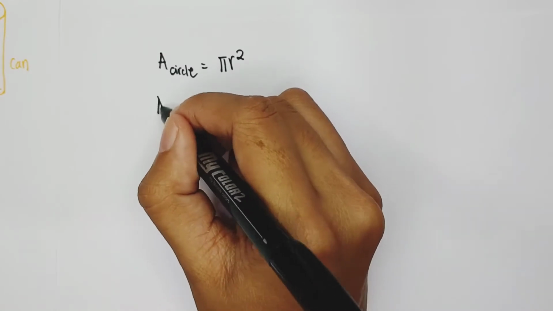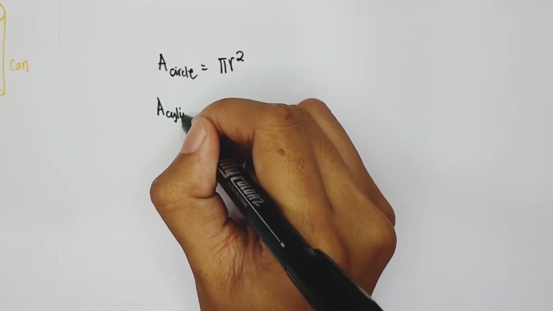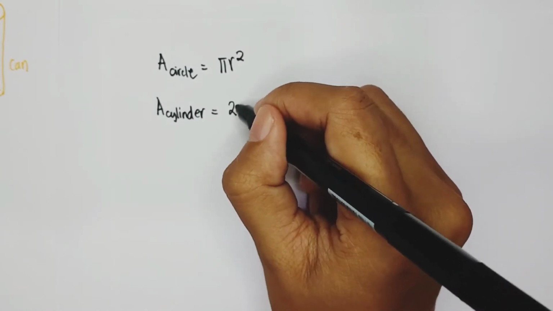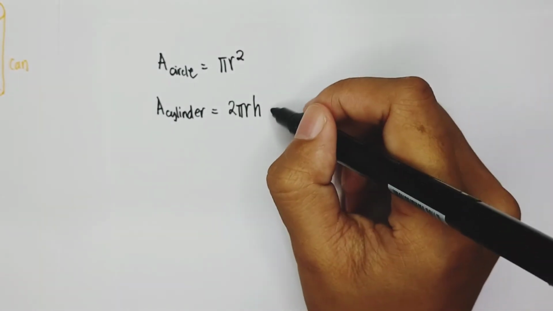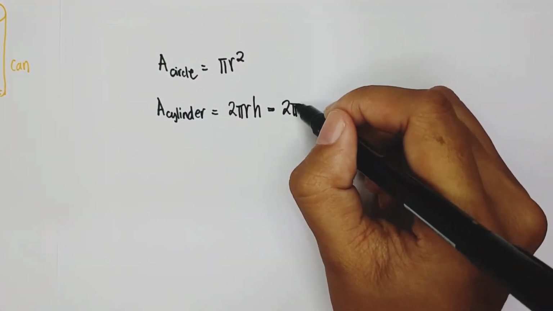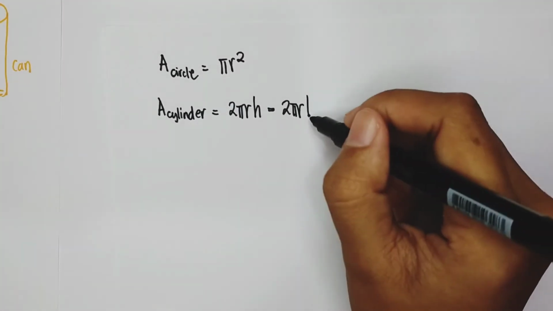Then the area of the cylinder is 2 pi rh, or since the given here is length, 2 pi r times length.